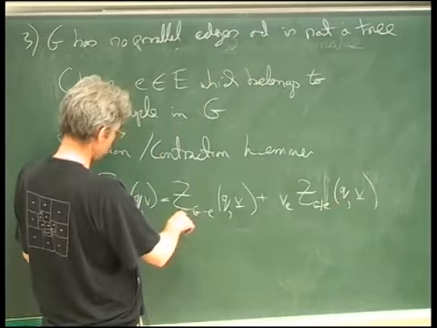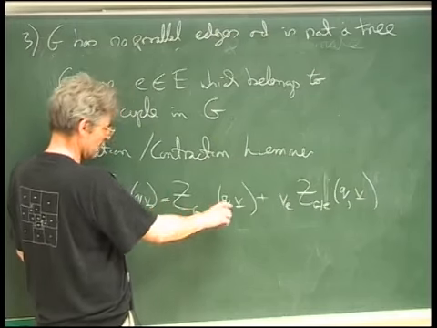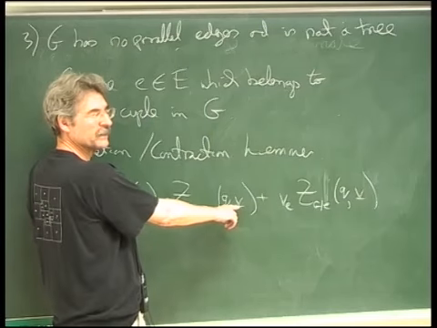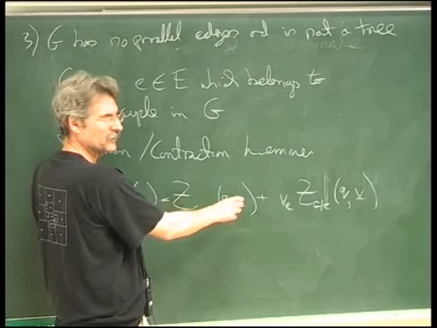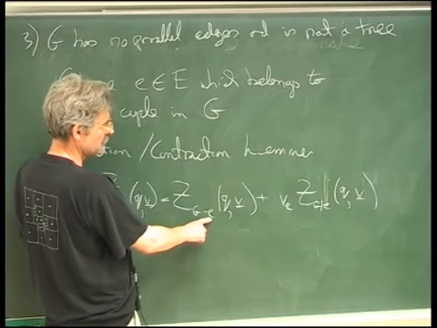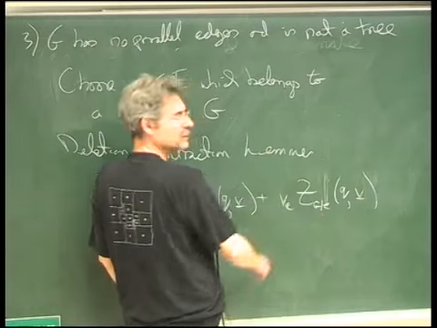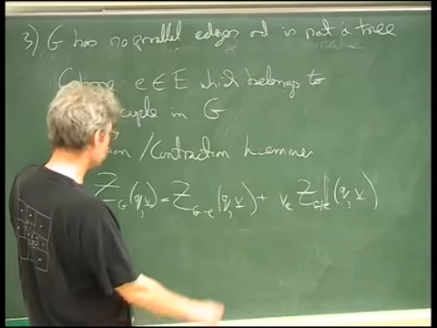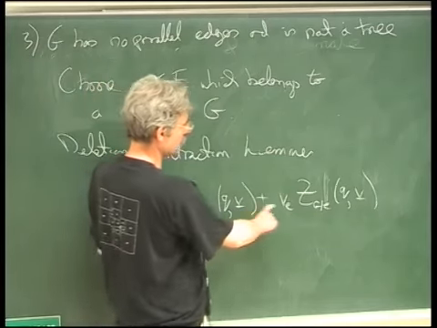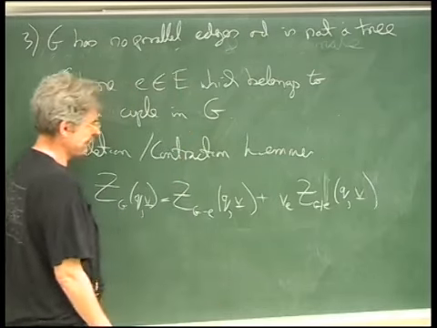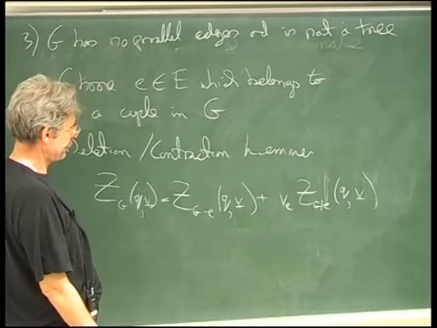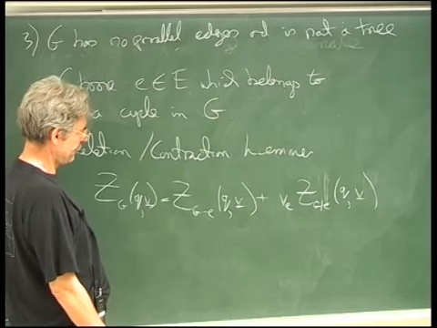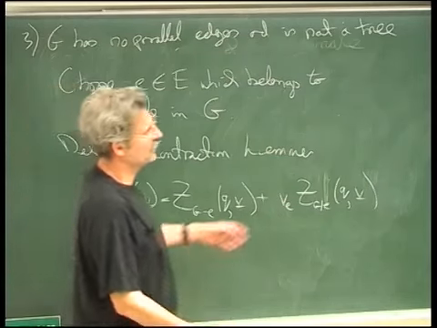I'm fudging things a bit, so this v is the same as this v, except e has disappeared. Here we delete the edge e from G, and here we contract the edge e in G. And so we apply induction to G minus e and G contract e, and we gather the terms together.